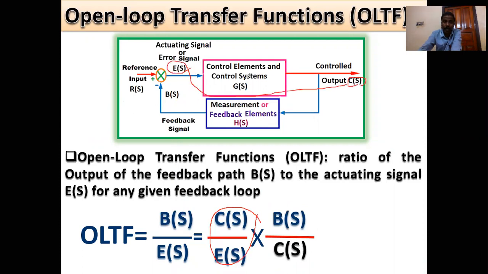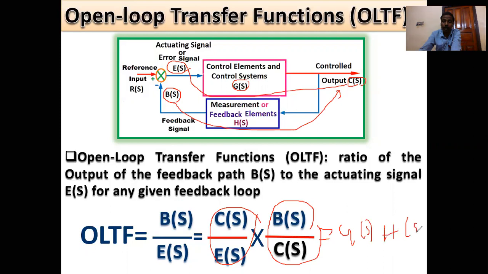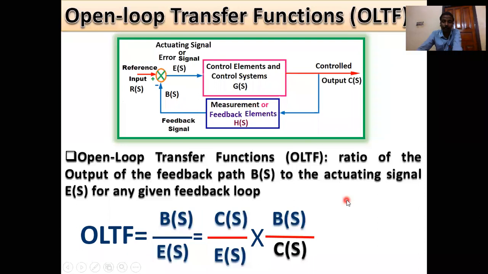So for this forward path, C(S) divided by E(S) equals G(S). And the other section, B(S) divided by C(S), where B(S) is the output divided by C(S), equals H(S). So the open loop transfer function for a closed loop system equals G(S) into H(S). G(S) into H(S) is called the open loop transfer function.